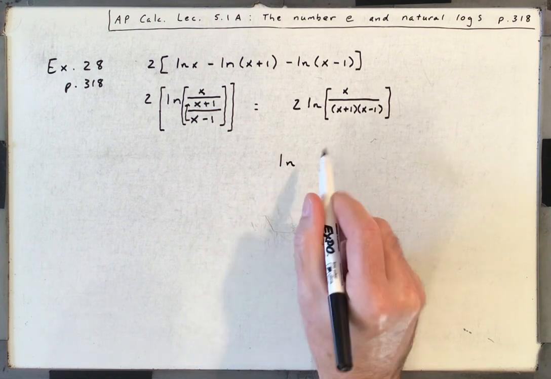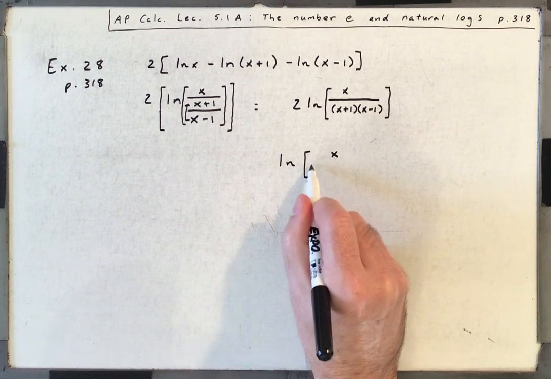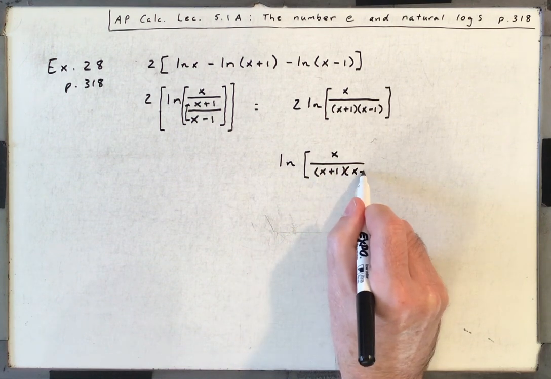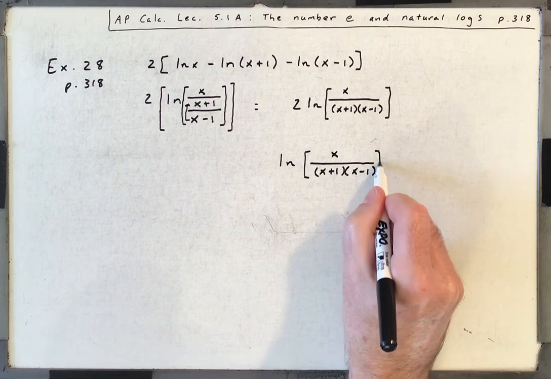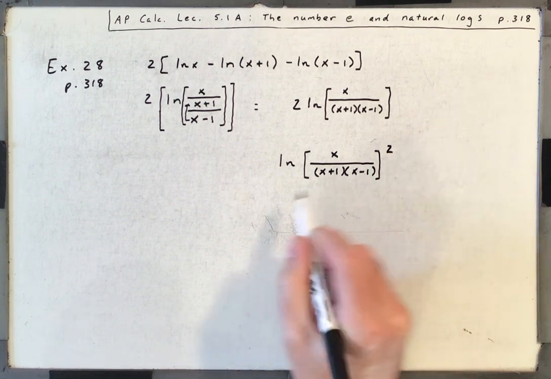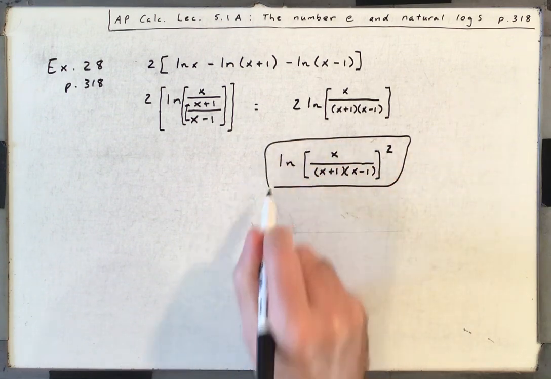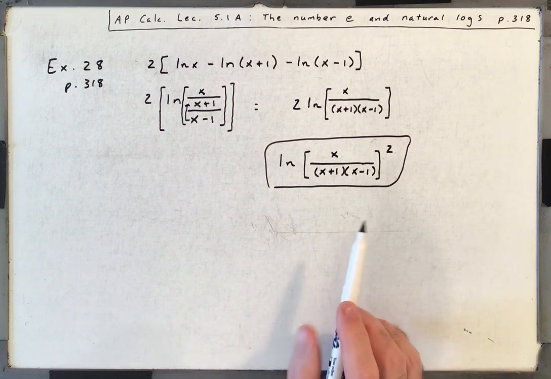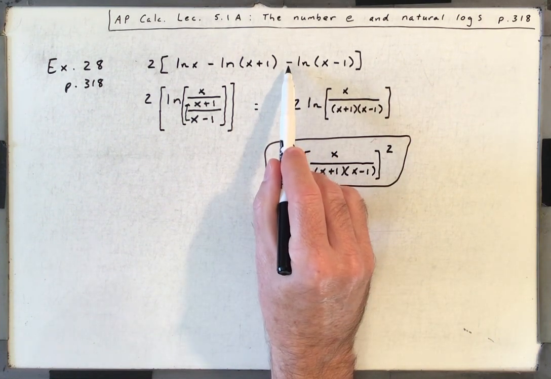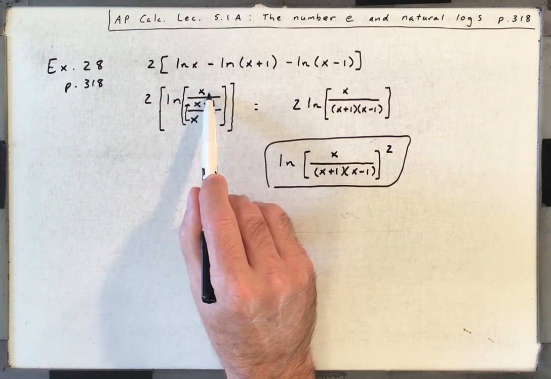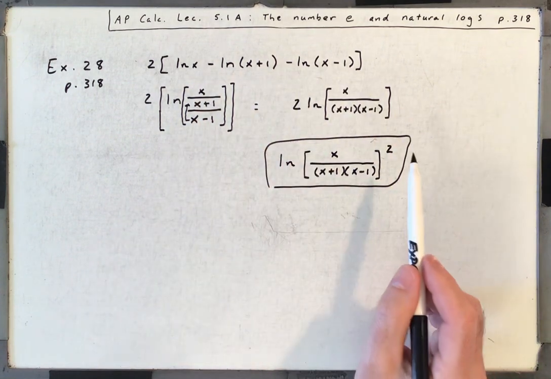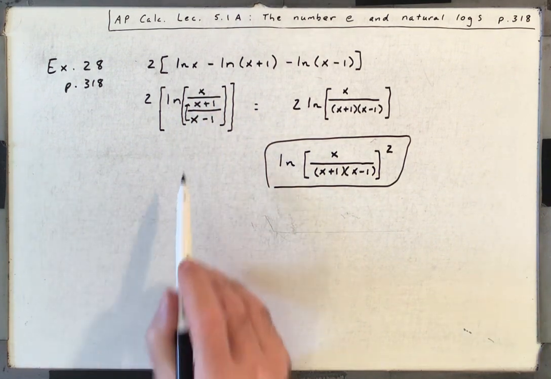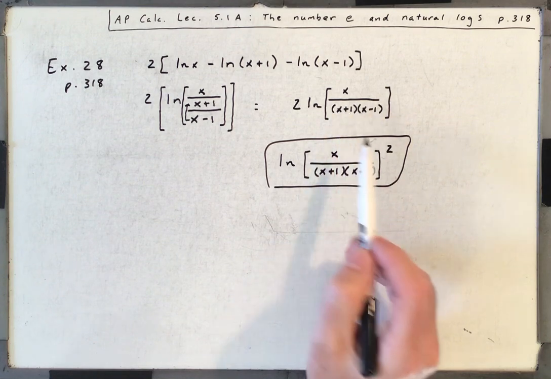So finally we have the natural log of x over x plus 1 times x minus 1, all squared. All right, and that is how you combine all of this into one fraction. If this had been plus, then it would have ended up on the top. But this time they're all minuses, so I made it a kind of compound fraction there and then brought it up into a regular fraction.